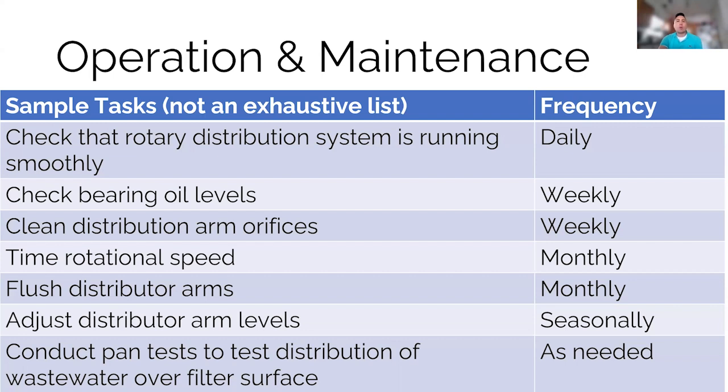Odors a lot of the time are a result of anaerobic bacteria outnumbering your aerobic processes. And this means that you may need to increase your recirculation, or the speed of your distribution arm, to increase more sloughing to encourage the growth of new film.